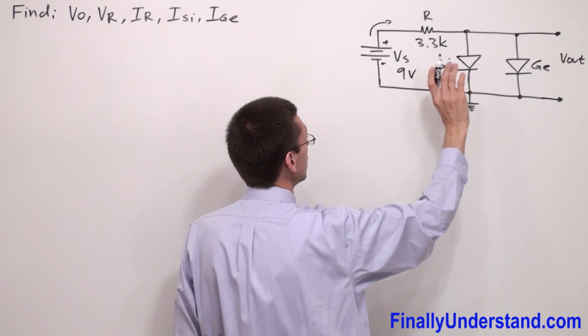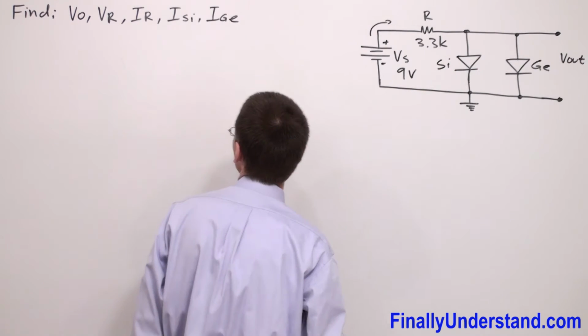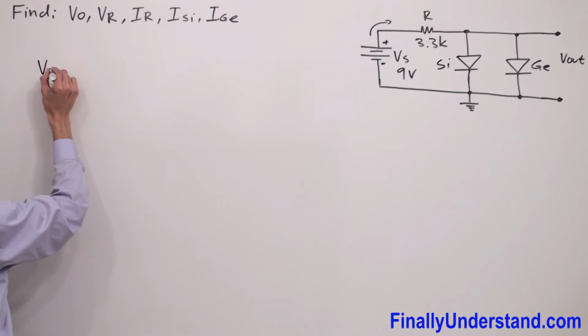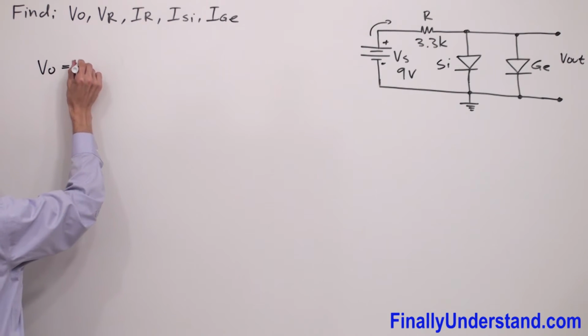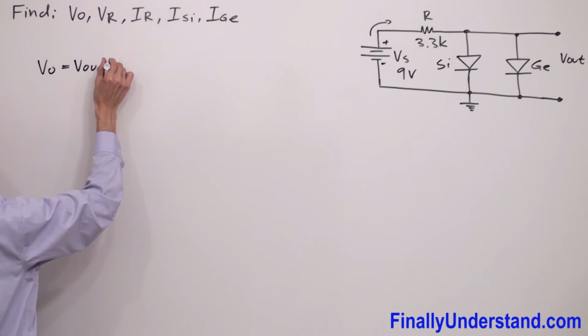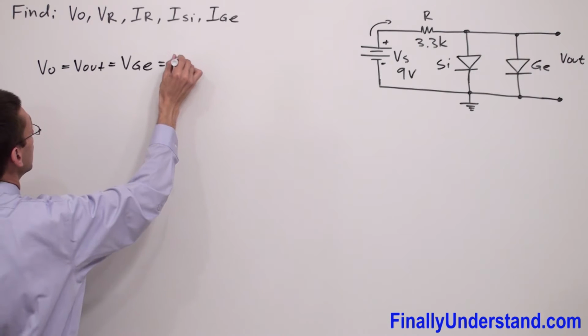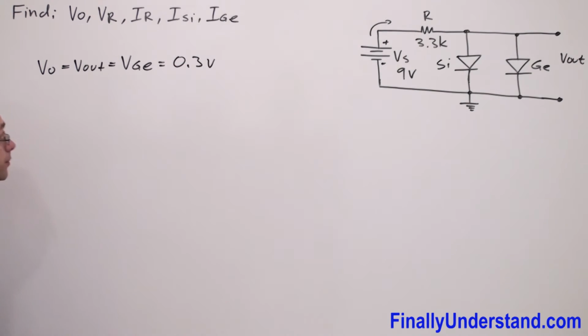So the voltage out is equal to 0.3 volts. I can say Vout or VO, it's the same thing, is equal to the voltage at the germanium diode, and this is equal to 0.3 volts.